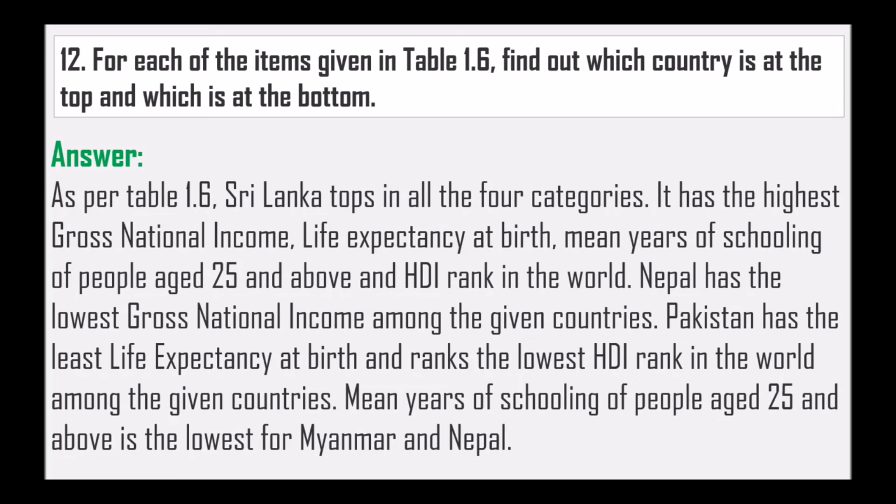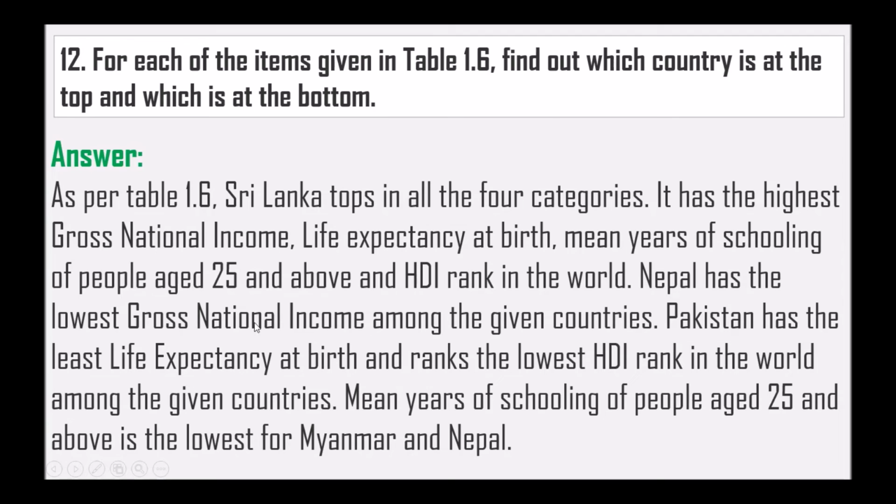For each of the items given in table 1.6, find out which country is at the top and which is at the bottom. As per table 1.6, Sri Lanka tops in all the four categories. It has the highest gross national income, life expectancy at birth, mean years of schooling of people aged 25 and above, and HDI rank in the world.